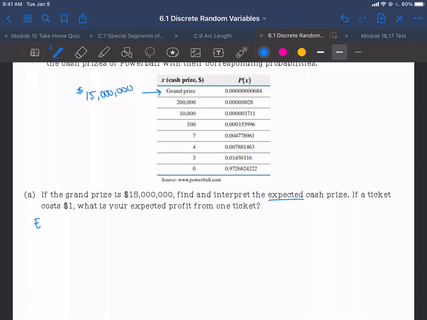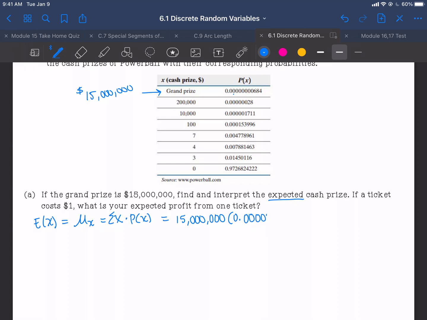So our expected value is going to be the mean. So we're taking the sum of x times p of x. All right, so we would take 15 million times 0 point, that has 1, 2, 3, 4, 5, 6, 7, 8 zeros.